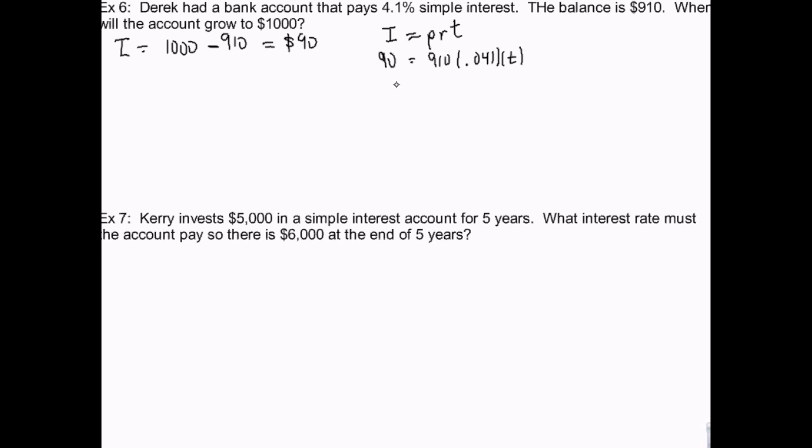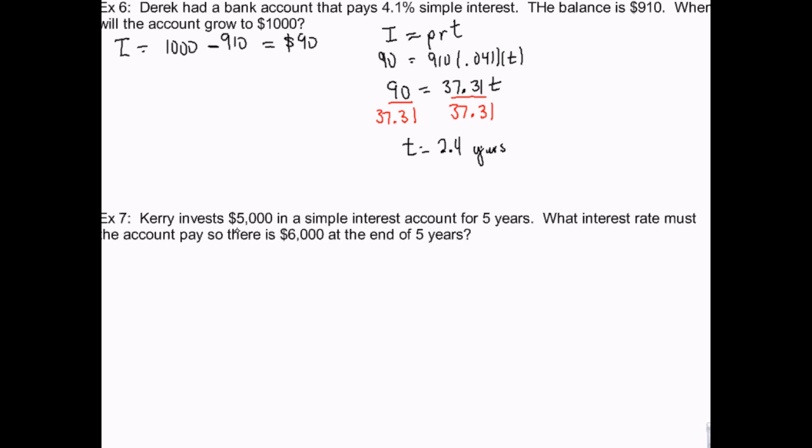So I have 90 is equal to 37.31 T. I'll divide both sides by 37.31. So 2.4 years. And you can leave that as a decimal. I don't need you to figure out how many months exactly or anything like that. Just 2.4 years is fine.